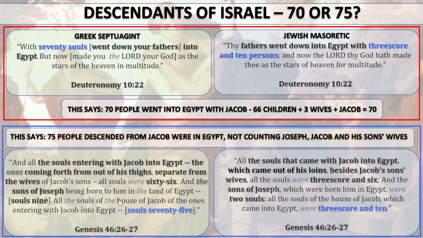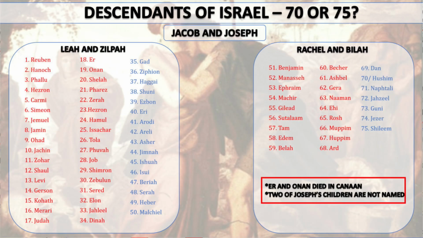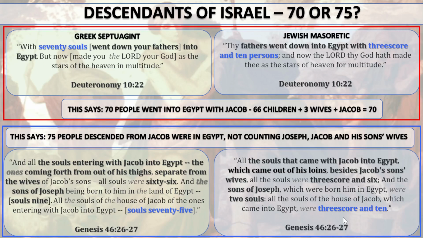Now, this is saying 70 people descended from Jacob were in Egypt, not counting Joseph, Jacob, and his sons' wives. That's how we get the number 75. But notice that in the Masoretic, it's 70 across the board, right? So if you're a King James onlyist, you're in a lot of trouble.